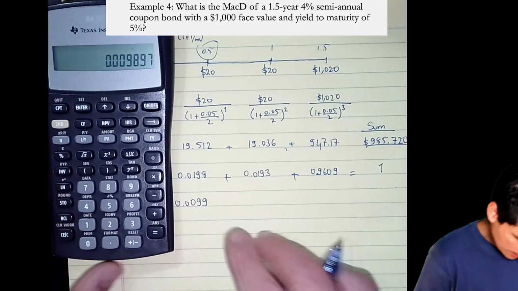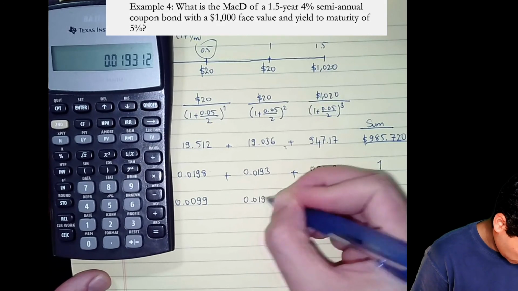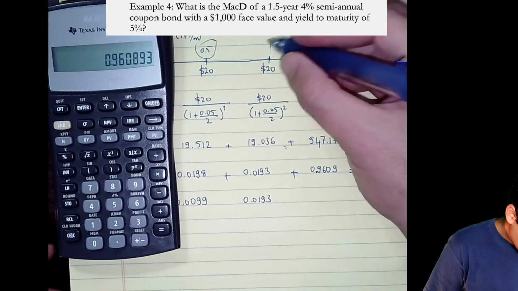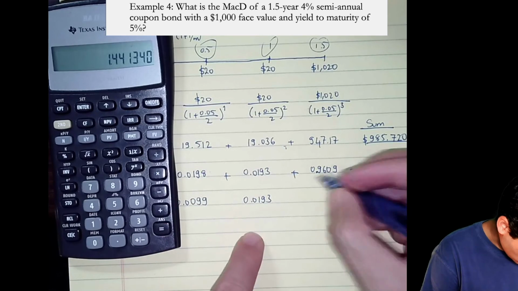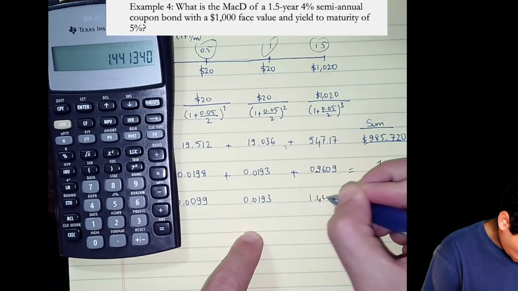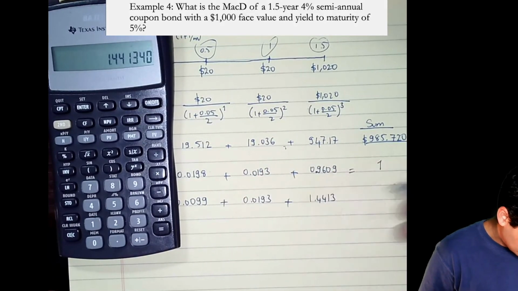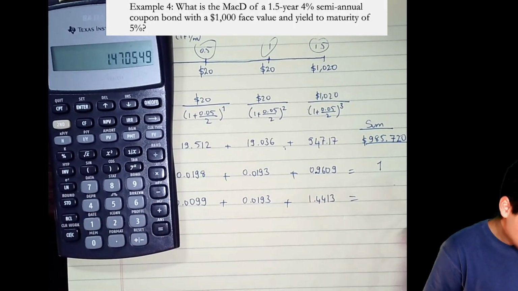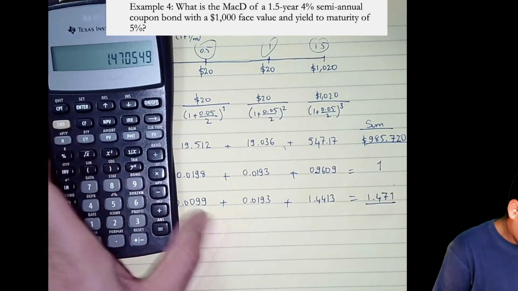Recall 2 times 1 is the same thing, 0.0193. Recall 3 times its duration of 1.5 equals 1.4413. Store 3. Now if I add these up, this plus recall 2 plus recall 1, I get 1.471, rounded.